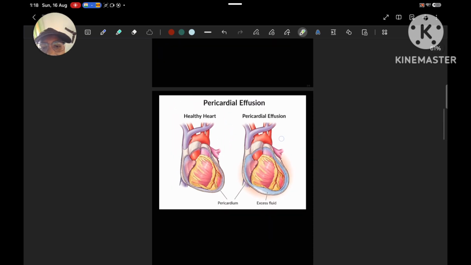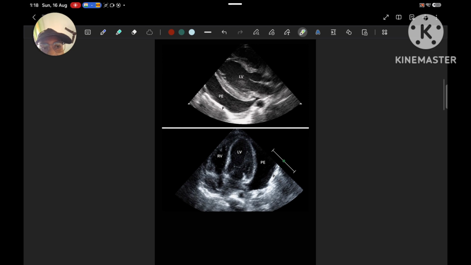You can see here an image, this is an echocardiography. This is the left ventricle and this is the right ventricle, and the black color you can see in both the left and right ventricle means there is fluid, which is the blood. You can also see a black color in this region written as PE.